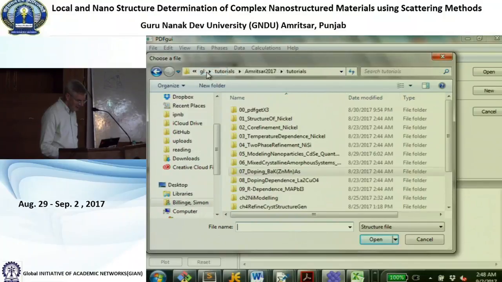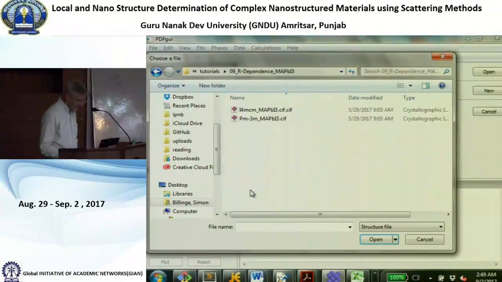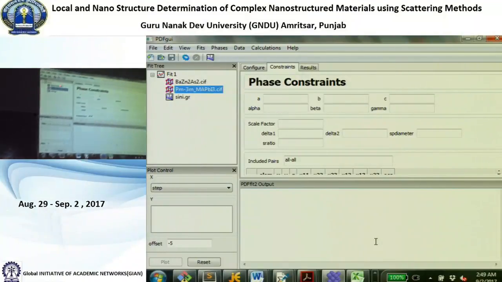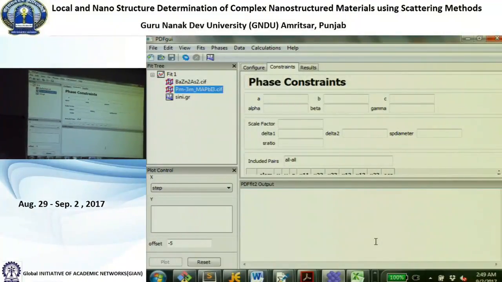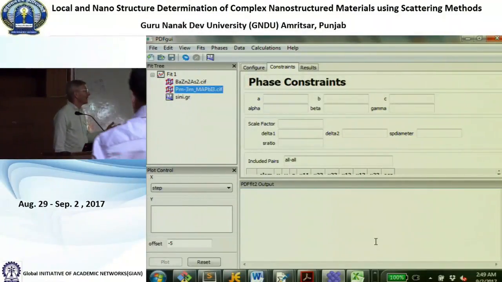I've got to find another one now. Okay, so now I've got a single fit. It has two structures, two models, one data set. Then the rest of the refinement is kind of the same.